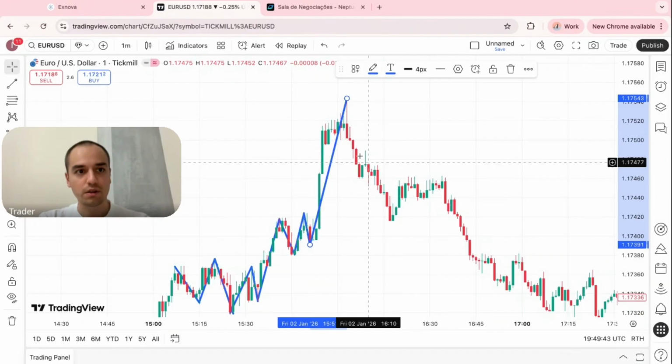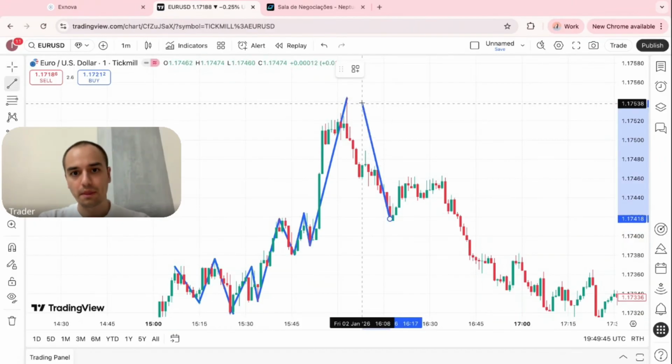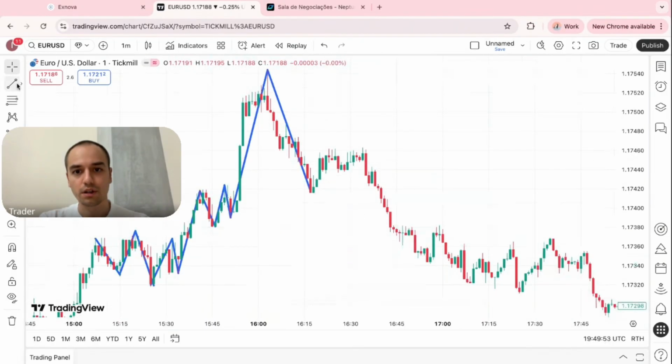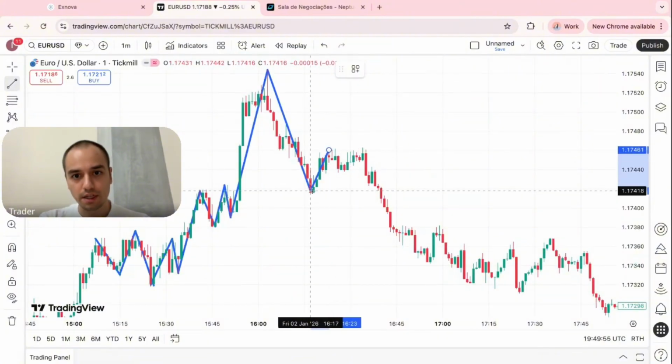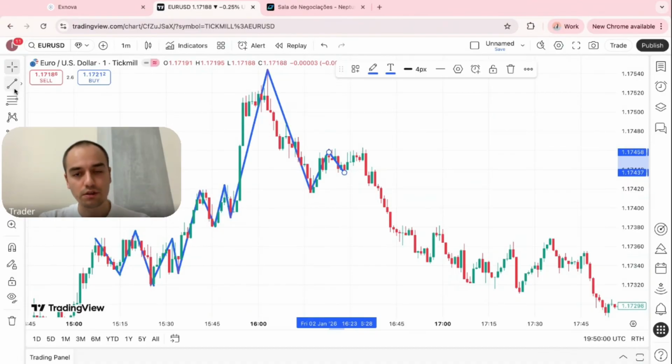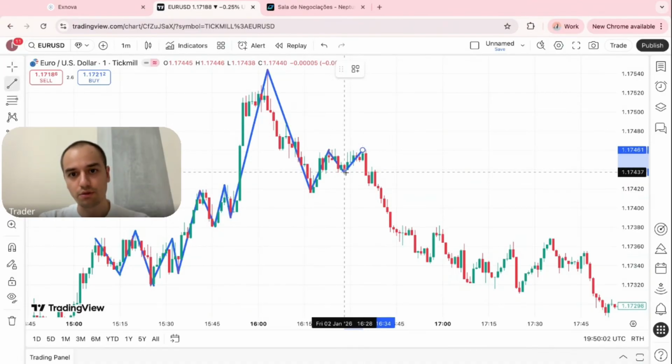And then we basically see here what we would call the break of structure, by the time when the price cannot continue the trend anymore.